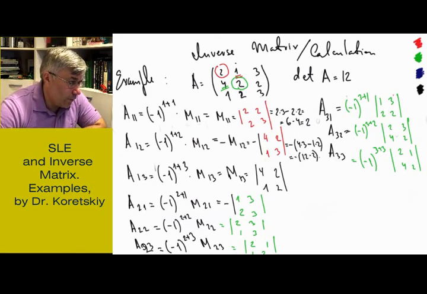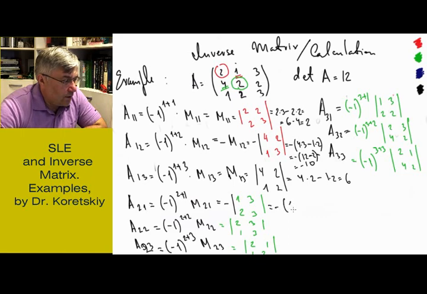Here we have 4 times 2 minus 1 times 2. It is 8 minus 2, 6. Minus 1 times 3 minus 2 times 3. We have here 3 minus 6 minus, it is minus 3, it is just 3.